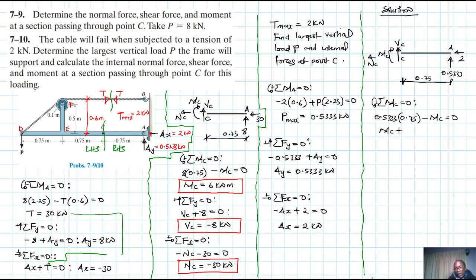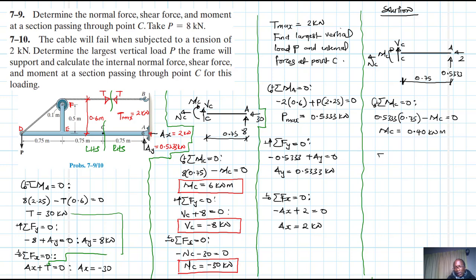Therefore, our MC is just going to be equal to 0.5333 by 0.75, which gives us 0.3999, which is just 0.40 kilonewton meters. Okay.